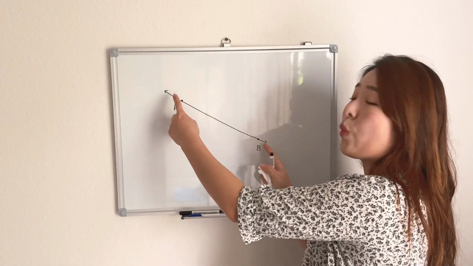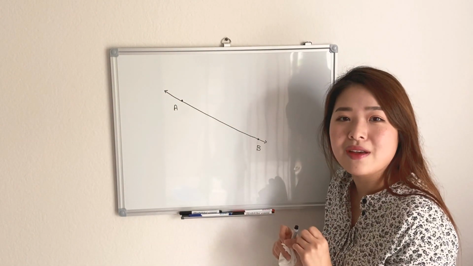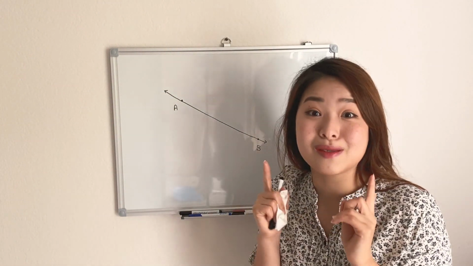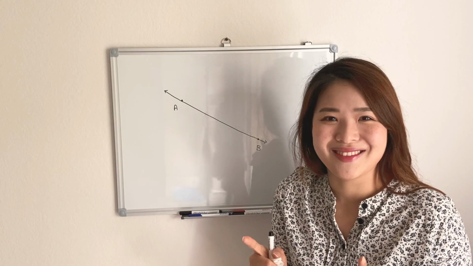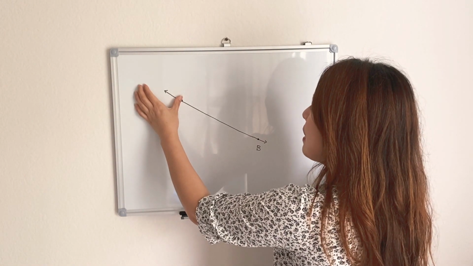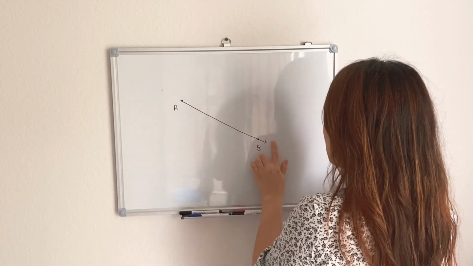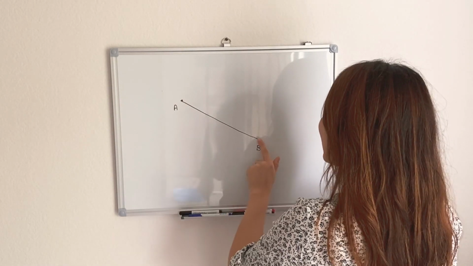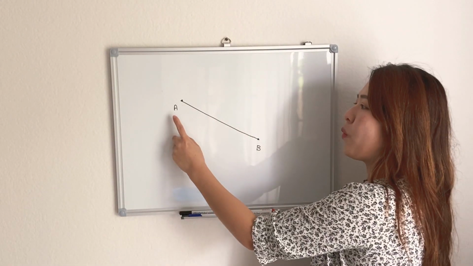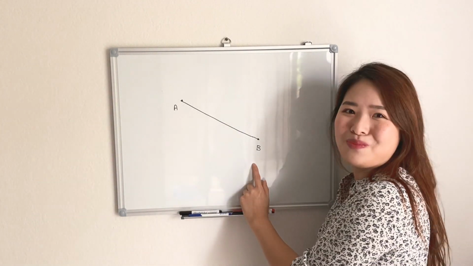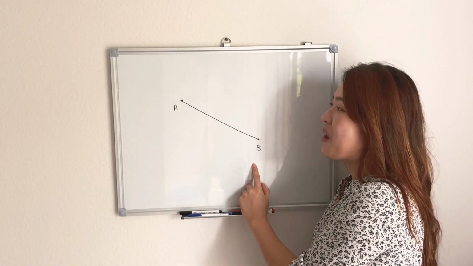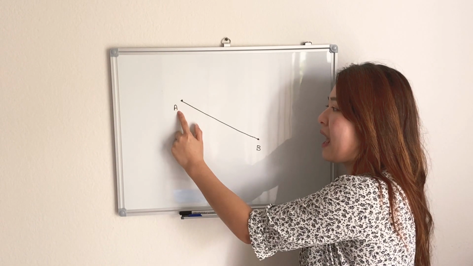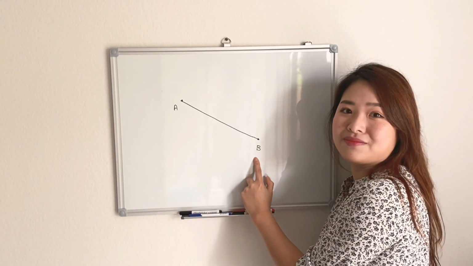Well, a line keeps going on and on with the arrows, but a line segment actually stops at a point. So you have to get rid of those arrows so that we can have a line segment stopping at point A and point B. So we have line segment A B.